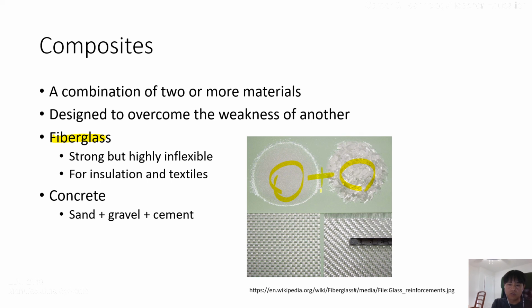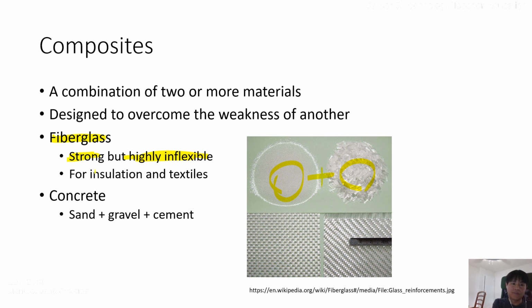By combining the two materials, it becomes stronger but still flexible, because fiber is flexible but glass is fragile and brittle. By adding two materials, they get the advantages of both material properties.